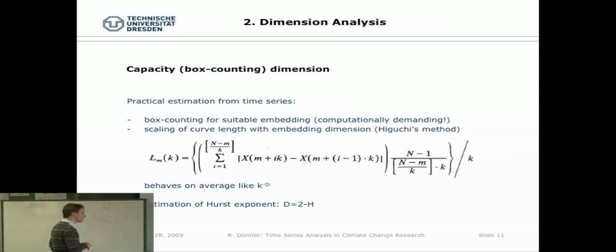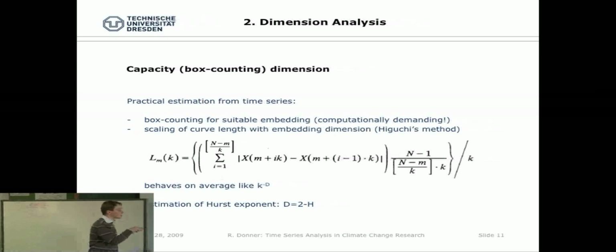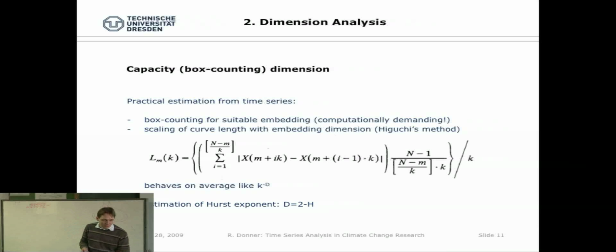Well, the idea is now to transfer this from simple geometric objects to time series. And you can do this in a very simple way, for example, by just doing box counting for the graphical representation of your time series.